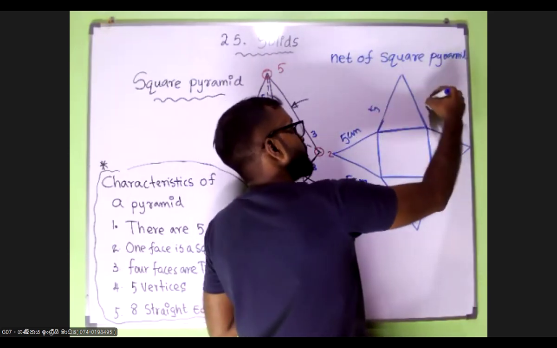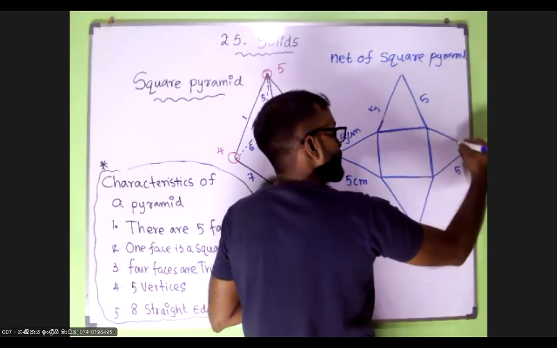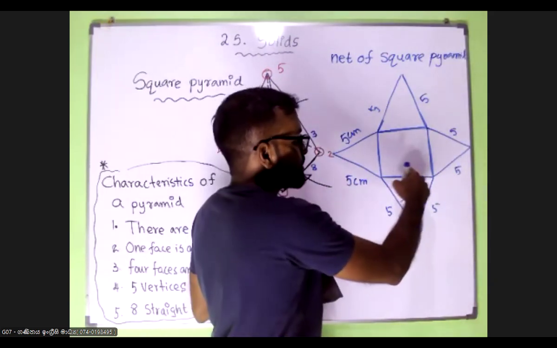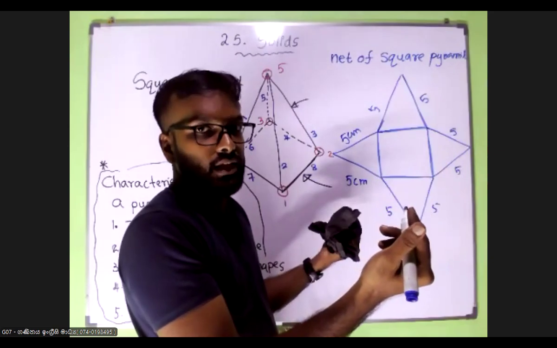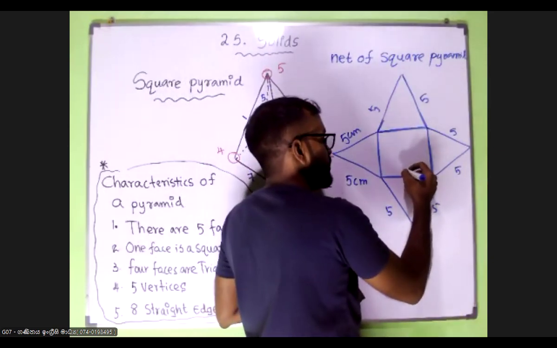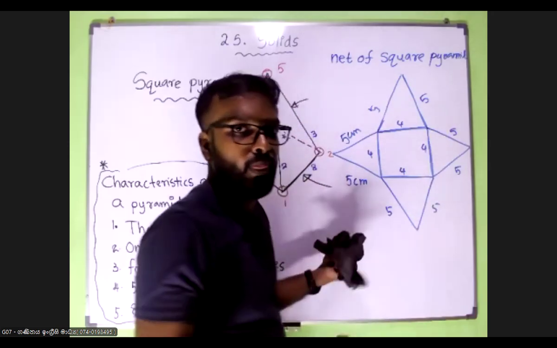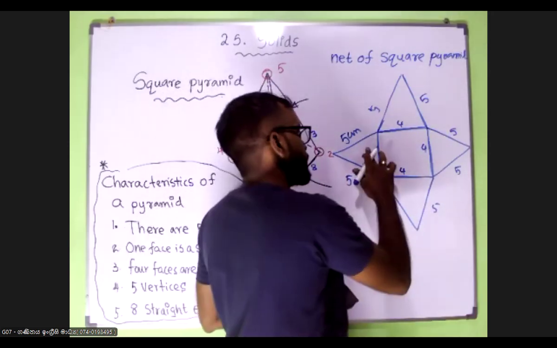This side 5 centimeters, 5 centimeters, 5 centimeters. And this side can be any other length. If I told you this is 4, this is 4, this is 4, and this is 4, it doesn't matter, right?